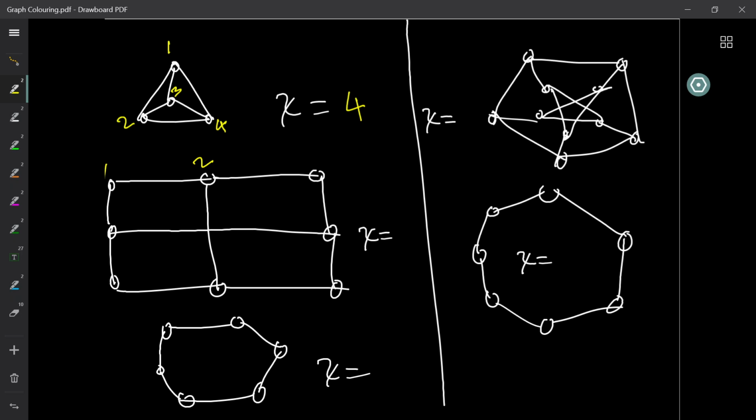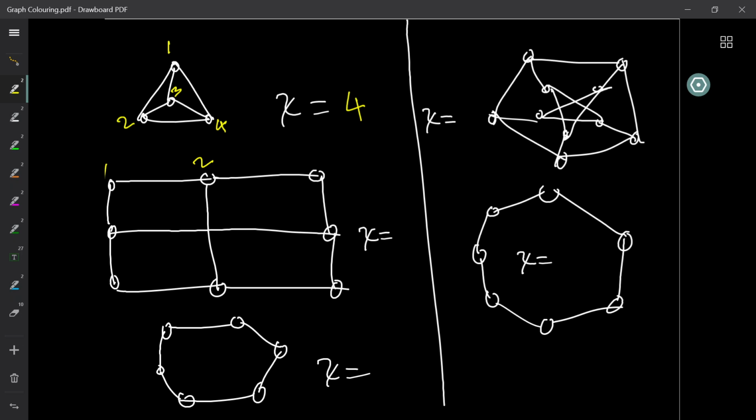Now the question is how to proceed further. One way is to try to force the coloring. But is that method the best way to do it? Because depending on the order that you choose, we can sometimes land in trouble. But anyway, let us see how we do it here.